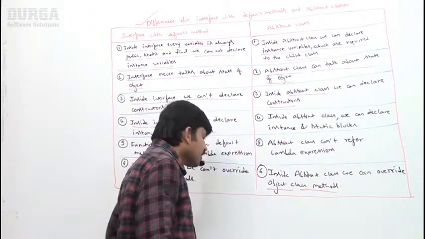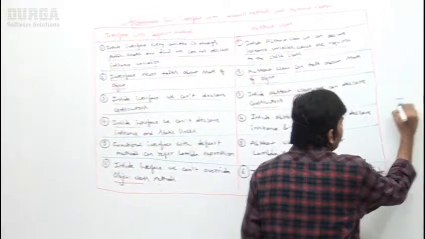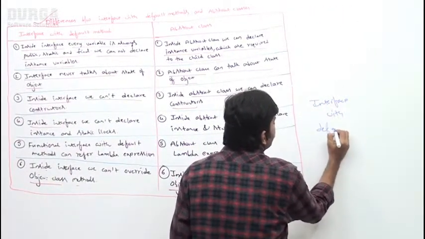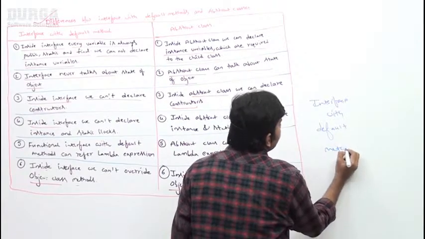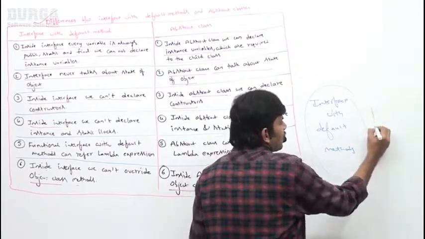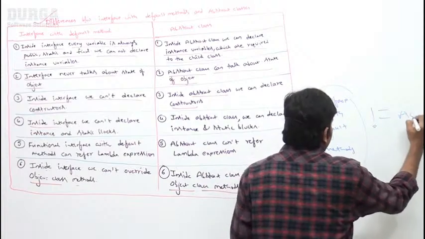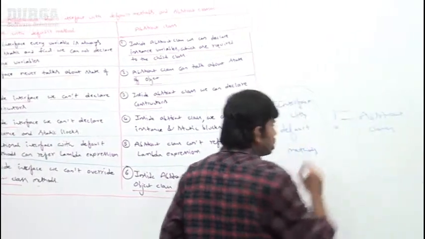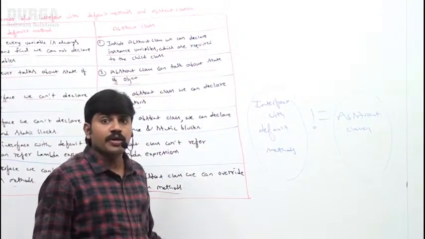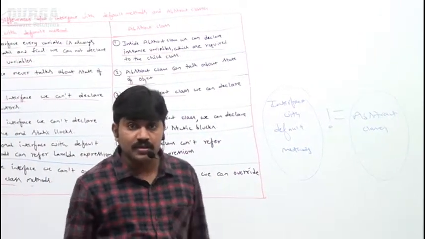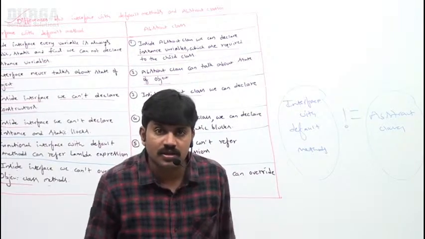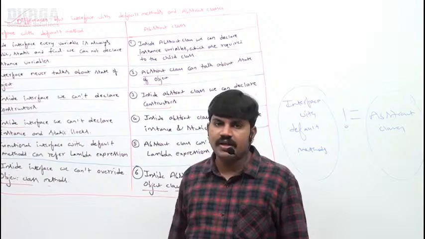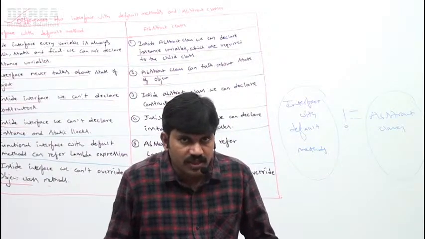That's why can I conclude like this: an interface with default methods is not equal to an abstract class. Sometimes an interviewer may ask, if you can add concrete methods to the interface, then what is the difference between interface and abstract class? Sir, still n number of differences are there. You can highlight these differences in the interview room. Are you in a position to understand, right?